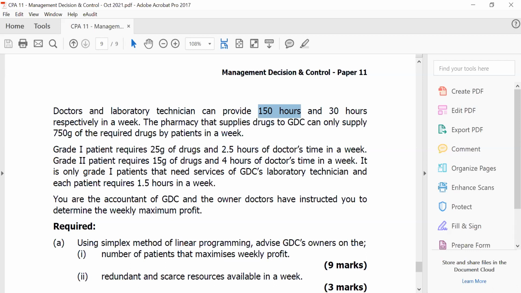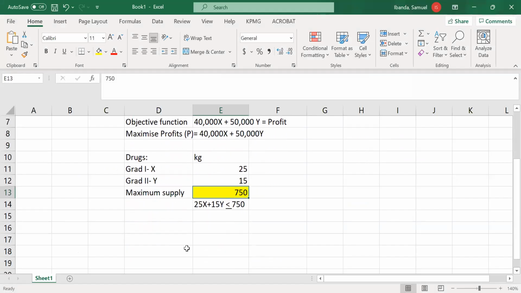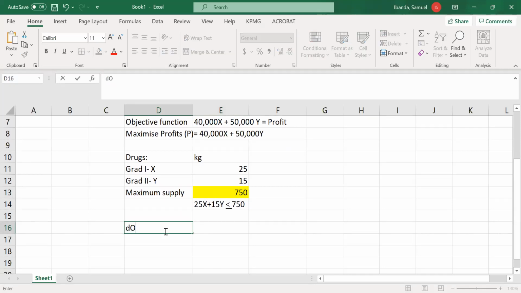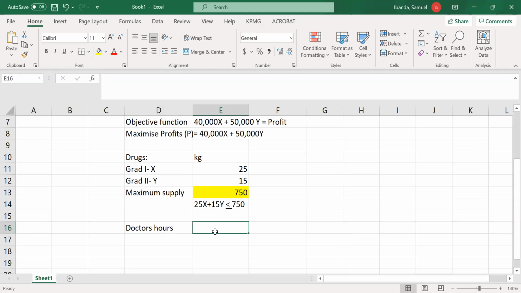Let's first look at the doctor and then come back for our technician. So this is for the doctor's hours. Grade 1, grade 2.